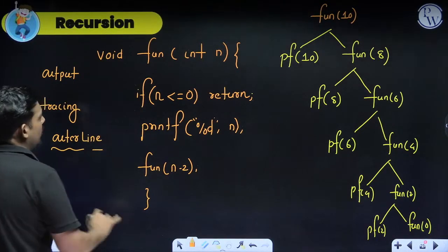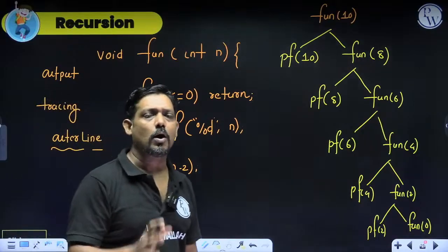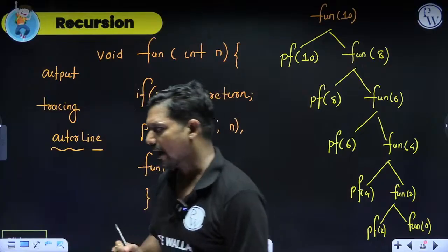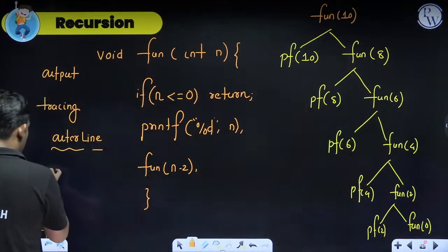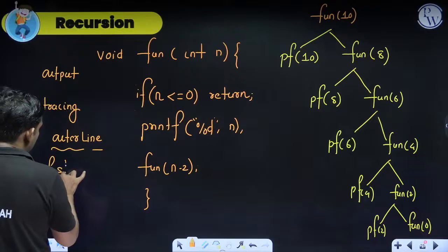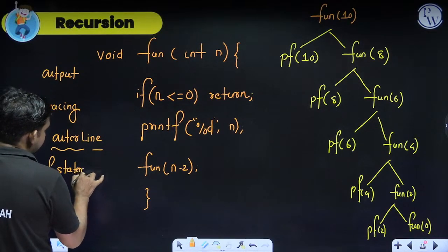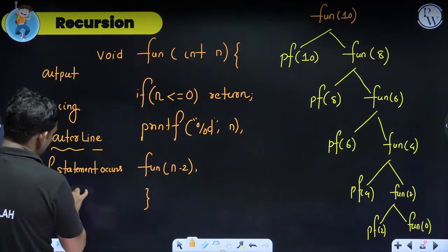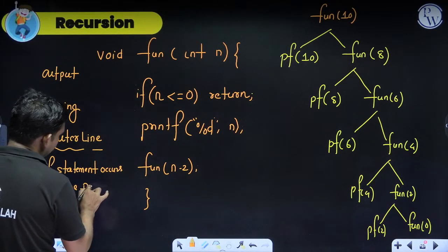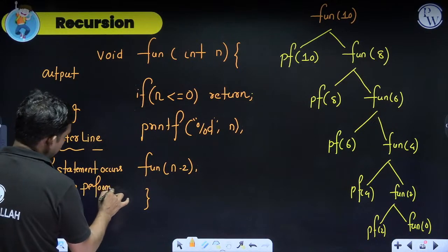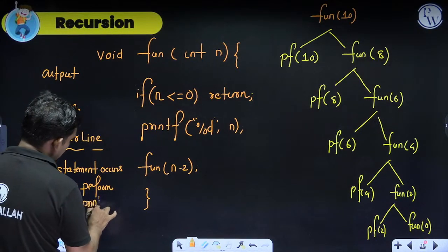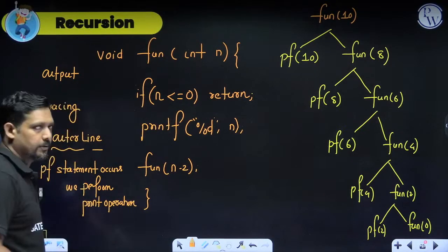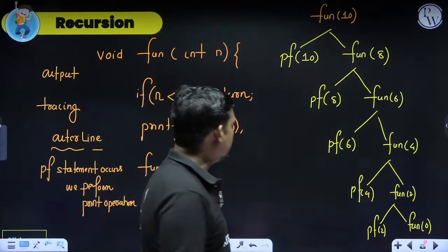Within this tree structure I am going to draw an outer line, and whenever a printf statement occurs, we perform a print operation.